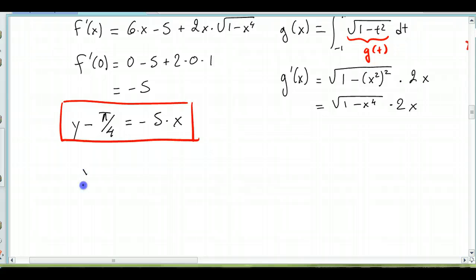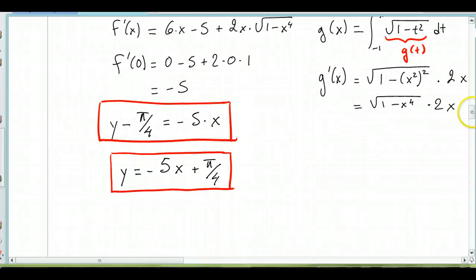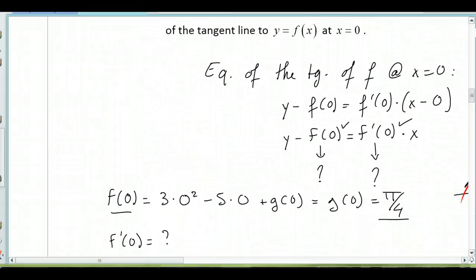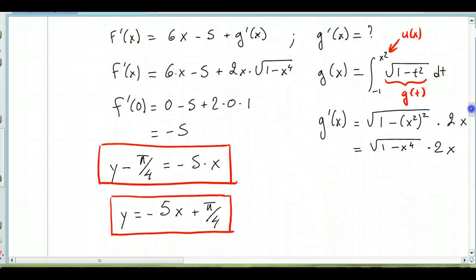If you want the slope intercept, just move the pi over 4, plus pi over 4, and that would be the slope intercept. Very similar. Alright, done with this problem. Hope everything is clear so far. Just write the equation of the tangent, figure out the two pieces that you need, and that's it.